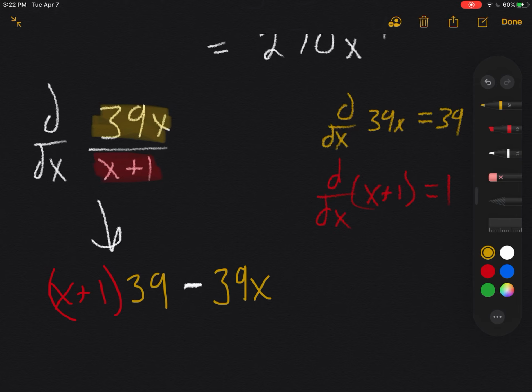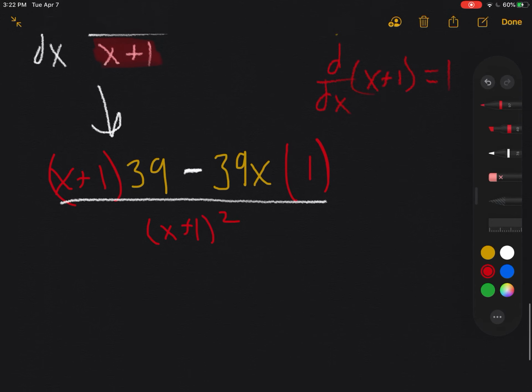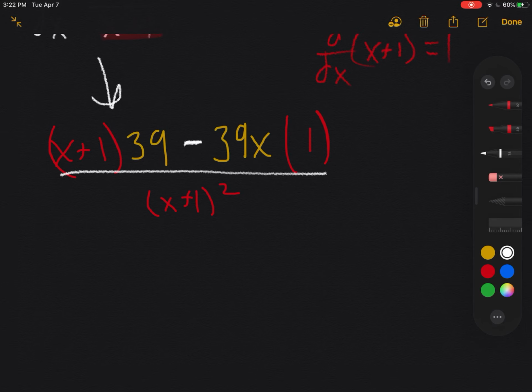So you take the numerator without taking the derivative, and you multiply by the derivative of the denominator, which is 1 in this case. And then that's all over the denominator squared.